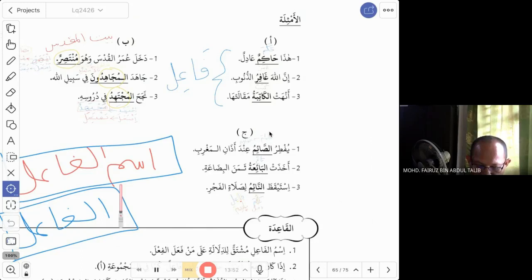What we learn in grammar, fa'il, maf'ulun bih, hal, these are all grammar functions, the function of the word in the sentence. But this topic, ismul fa'il, is not about the sentence, just the type of the word. So do not confuse these two. A fa'il can be any word. You can take Muhammad as a fa'il, Ali as a fa'il, but for ismul fa'il, no, it must come from a fi'il. All right, is that clear?